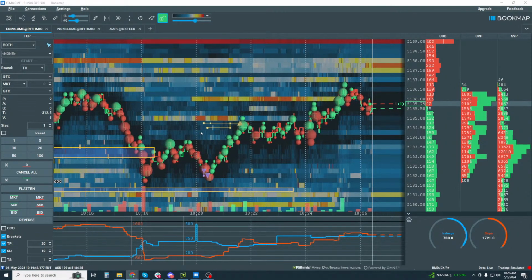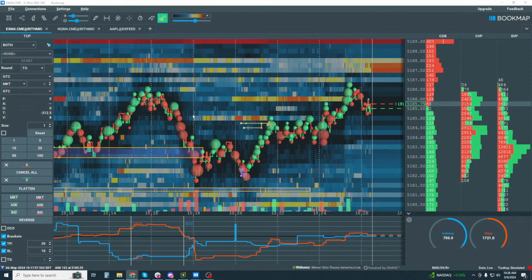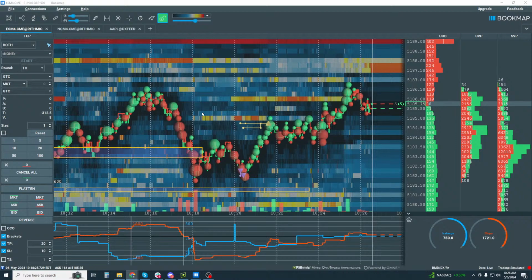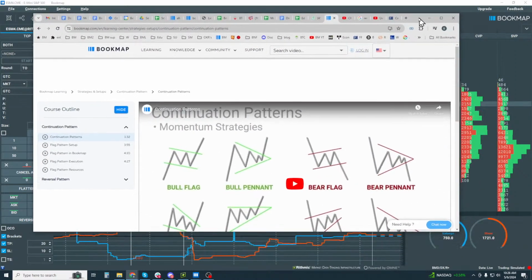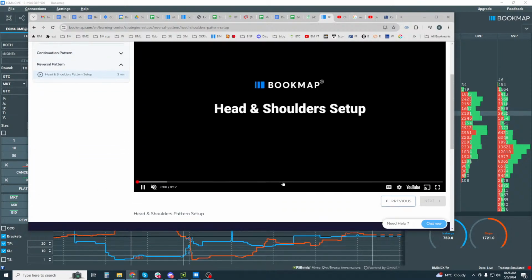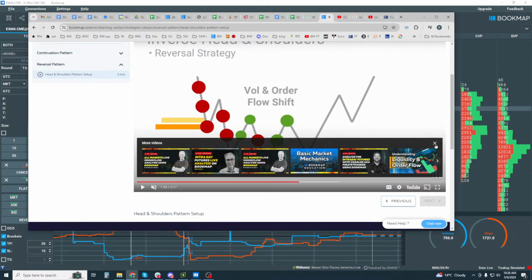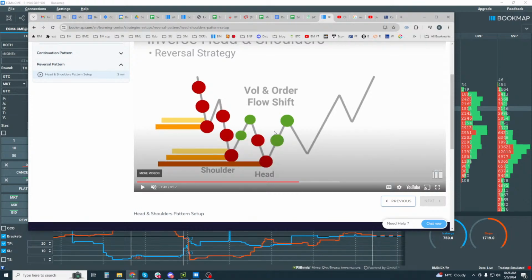We're looking for a shift in the order flow or the transactions. So let me show you, for example, in here we do cover it in this diagram of what it looks like.